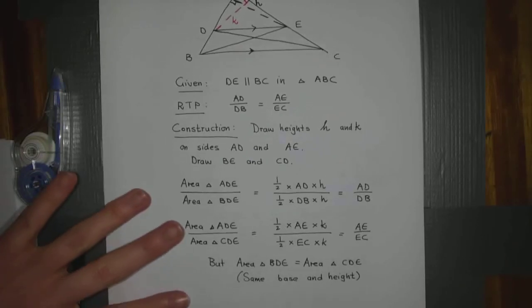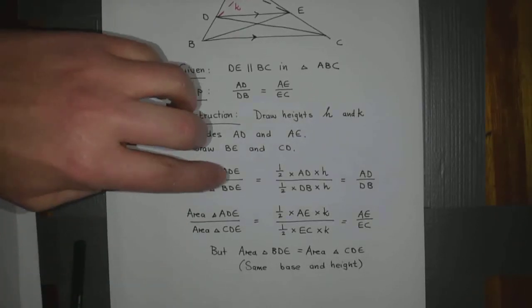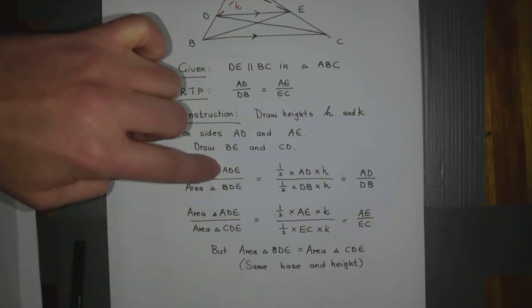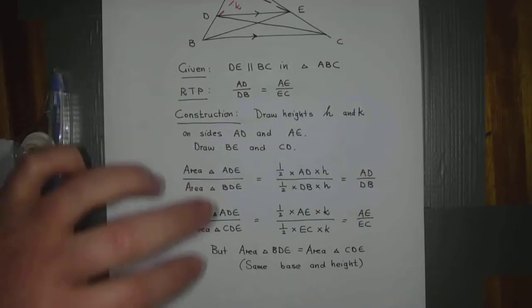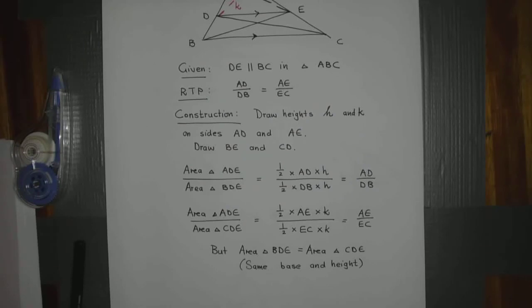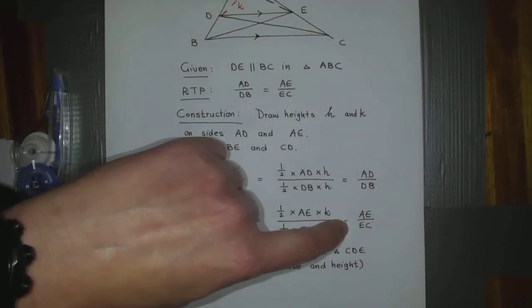So, if those two are exactly the same triangle, and those two triangles have equal areas, what's my final deduction then? Come on, it's right there in front of your face. What am I required to prove? This is equal to that.